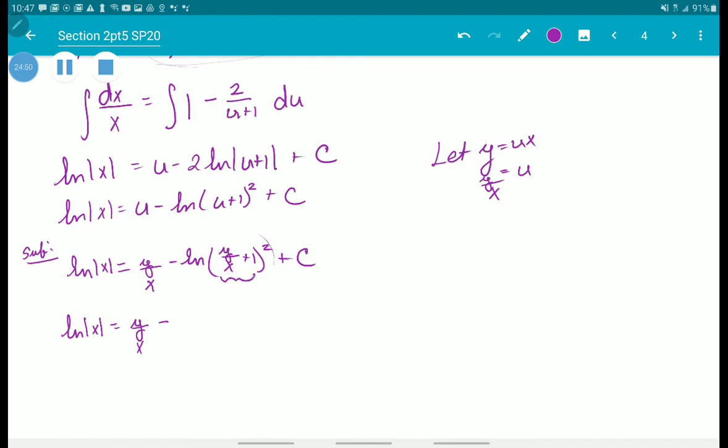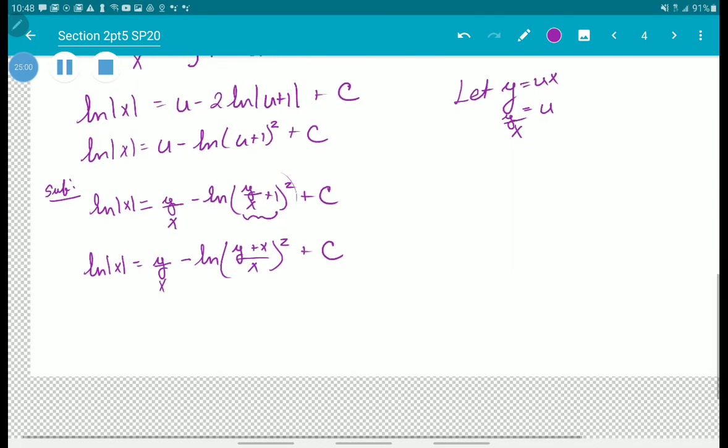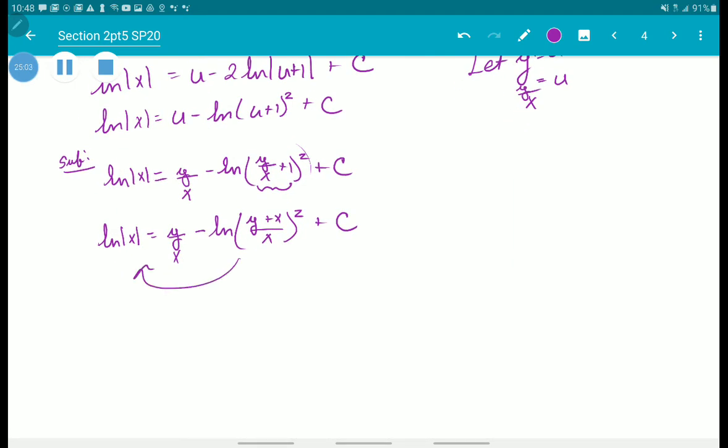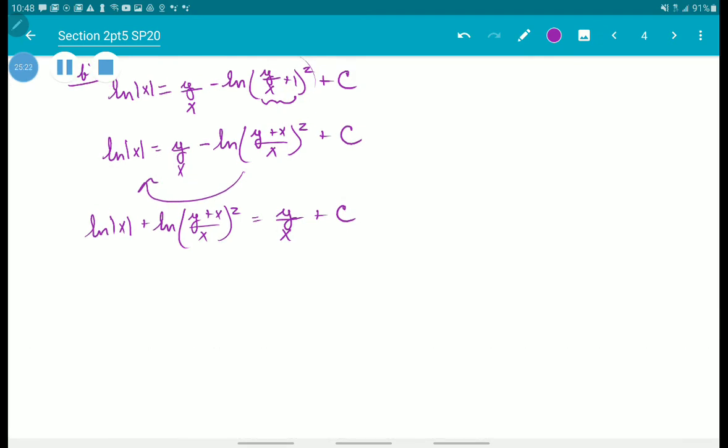So if I combine those fractions, you've got to have a common denominator. That's going to be x, so we're going to have y plus x over x. So now let's move this ln to the other side and combine those. So we can combine these ln's using that multiplication property.